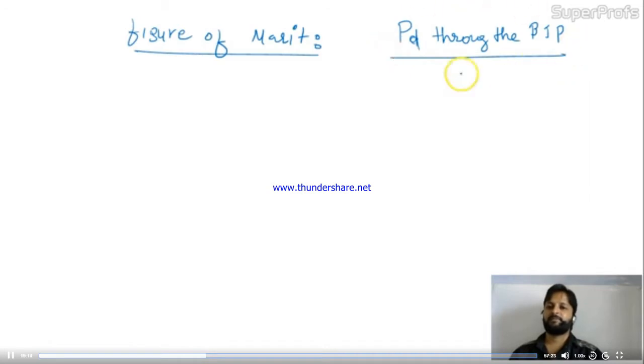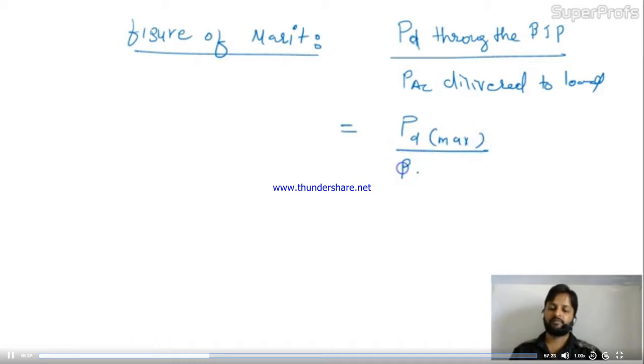So the power dissipation by the BJT divided by the AC power delivered to the load. Okay friends, are you getting me? So I can say this is the maximum power dissipation divided by maximum AC power, the AC power transferred to load and the power dissipated by the BJT circuit. Okay friends, so this is the figure of merit.